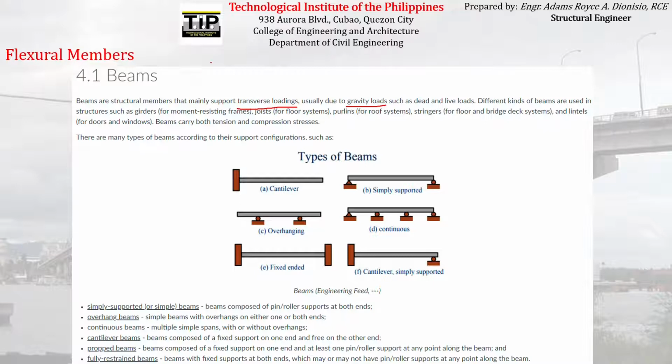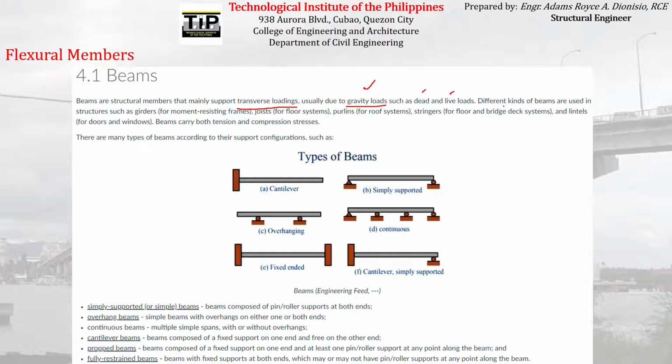Tension members mainly resist tension forces, compression members mainly resist compression forces, while flexural members mainly resist flexural stresses that are induced by transverse loadings, usually coming from gravity loads such as dead loads and live loads.